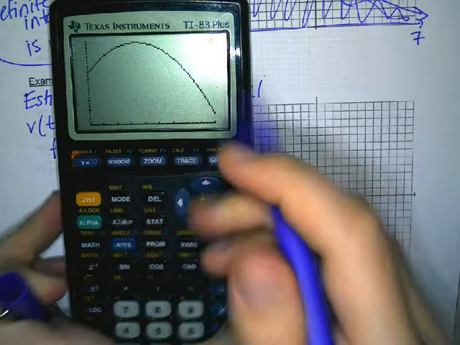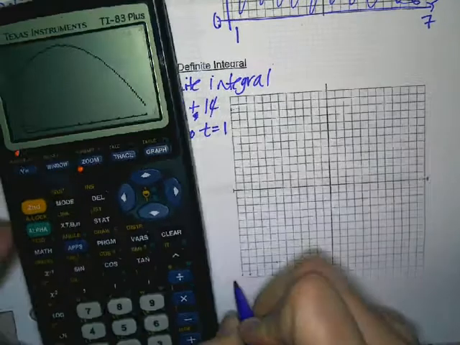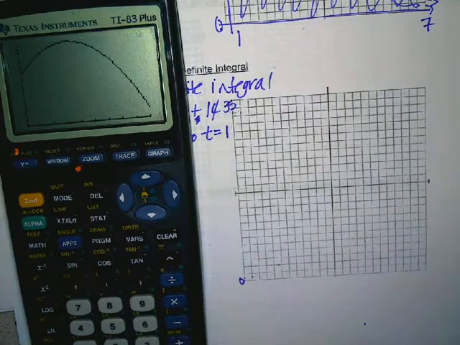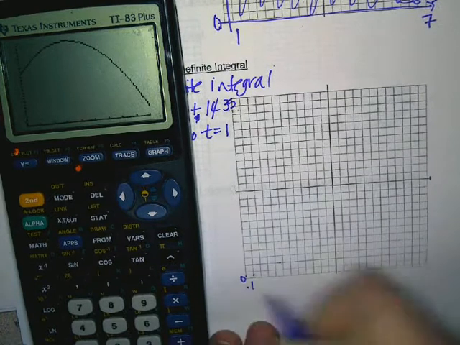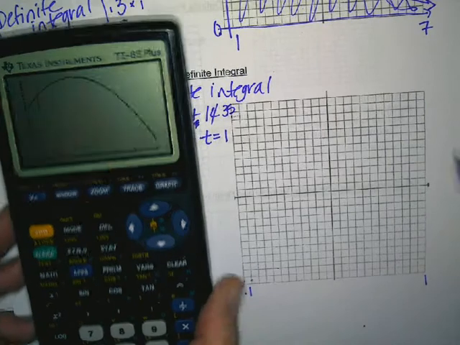Before we actually change over the grid, let's go ahead and sketch this. We went from 0 to 35, and then from 0.1 to 1. And then I just want a picture of it.